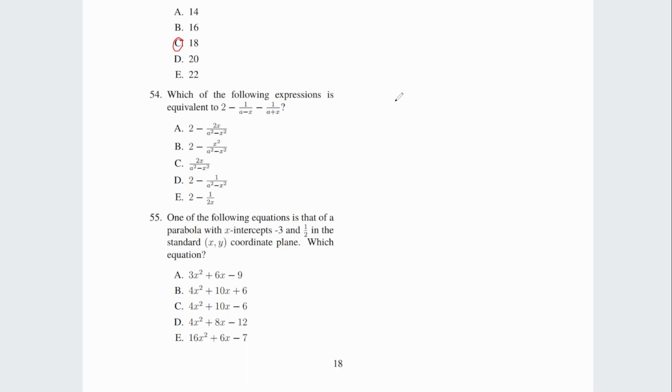If we multiply a minus x and a plus x, we get a squared minus ax plus ax minus x squared. So these cancel out and we get a squared minus x squared. So it's a difference of squares.